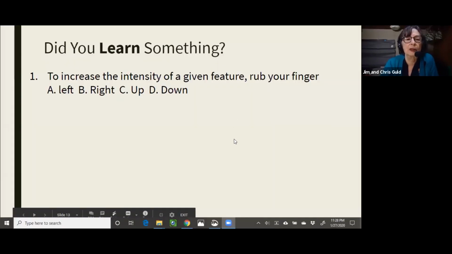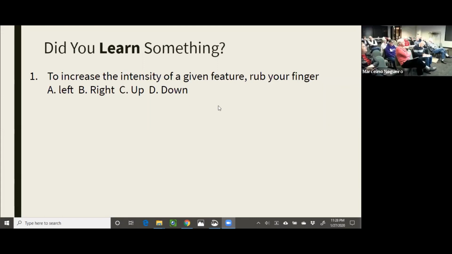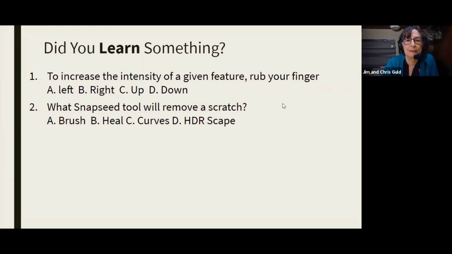Okay, let's just give you some review questions. To increase the intensity of a given feature, rub your finger left, right, up, or down. Right. To increase, you rub right, and to decrease, you rub left. What Snapseed tool will remove a scratch?